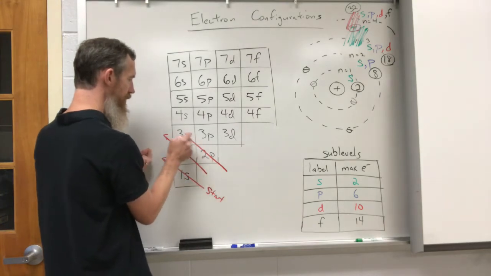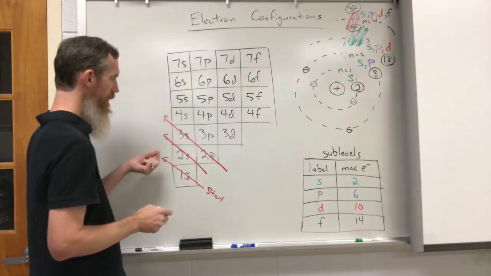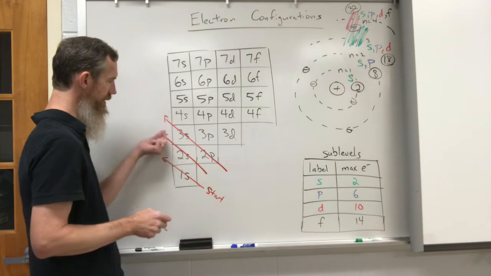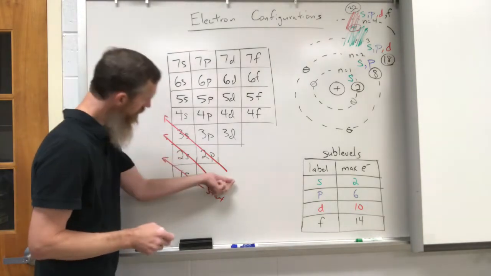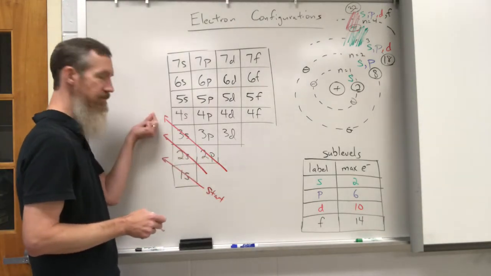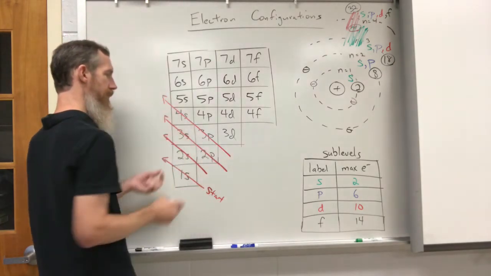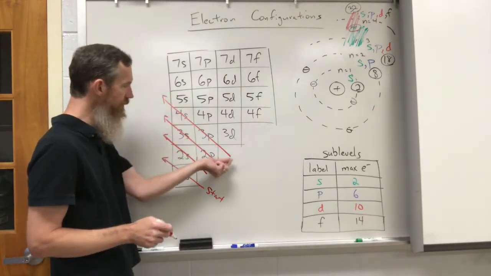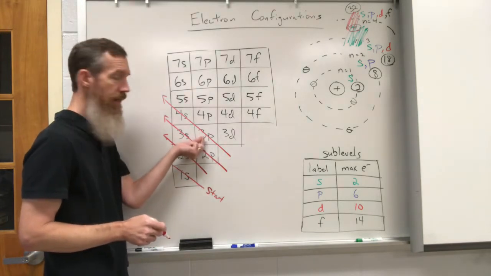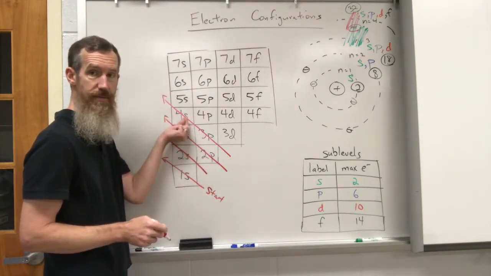And you go through the 2p and the 3s. So we filled the 1s, then the 2s, then the 2p, then the 3s. Then, after the 3s is filled, we fill the 3p. And then we fill the 4s.